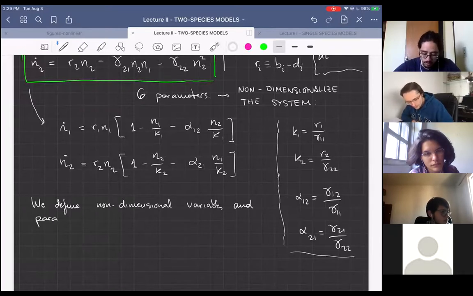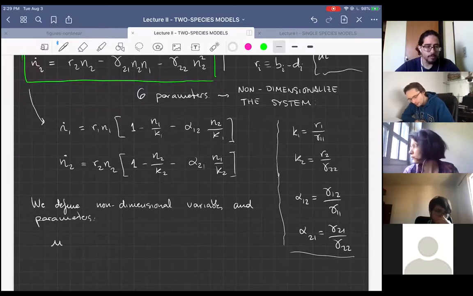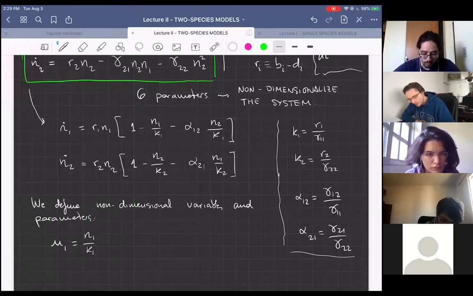As I said, this is going to depend a lot on your hand and your experience and your intuition. In this case, the one that is going to help a lot is if I define U1 as being N1 over K1, U2 equal to N2 over K2.